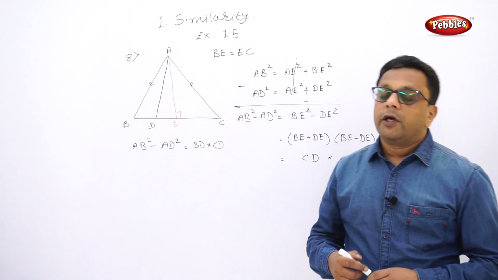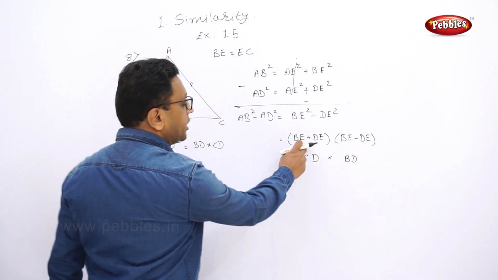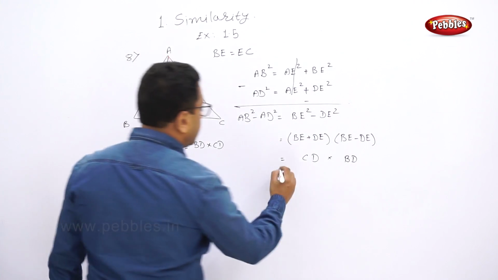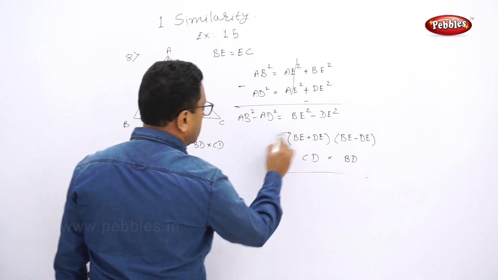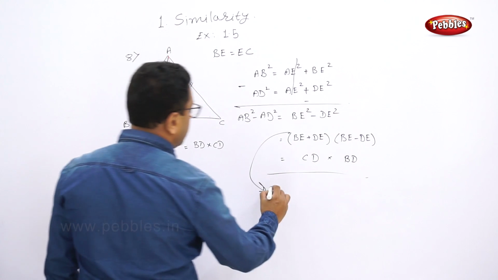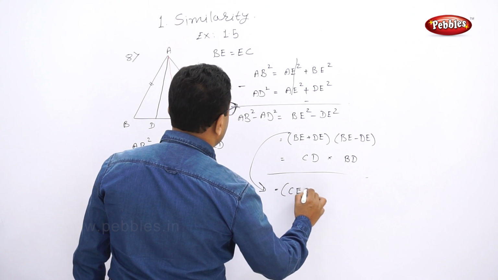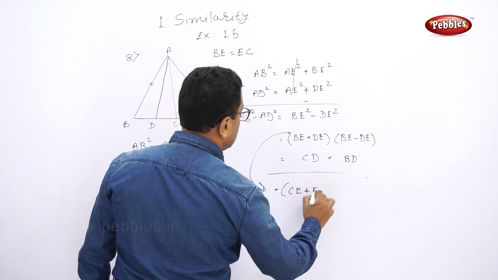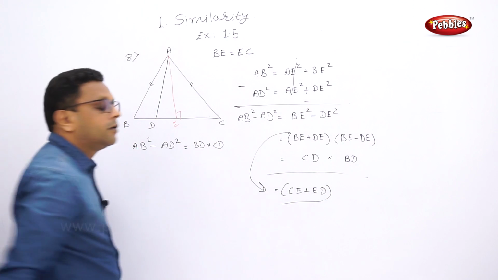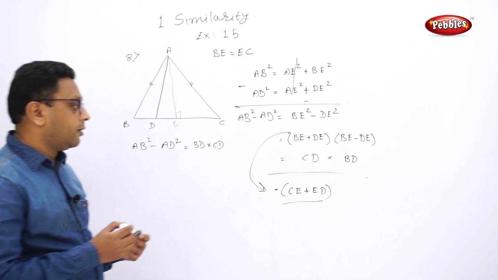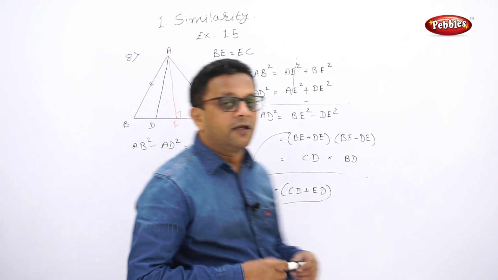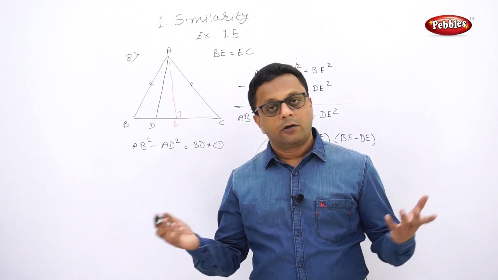Understood this? Here you can write one more step. I have taken it directly, or you can write one more step: is equal to CE plus ED. This step you can write in between. If you are smart enough to directly conclude it, do it.